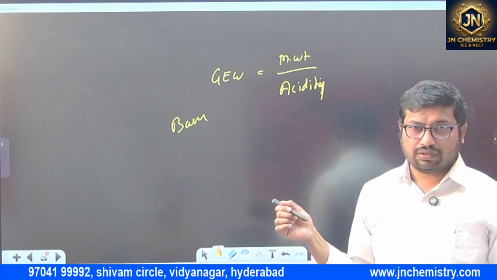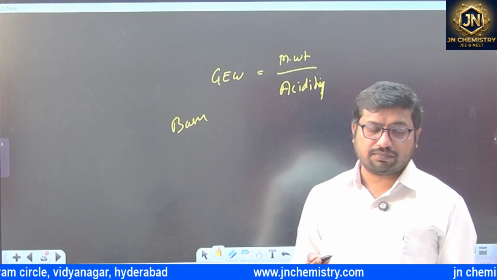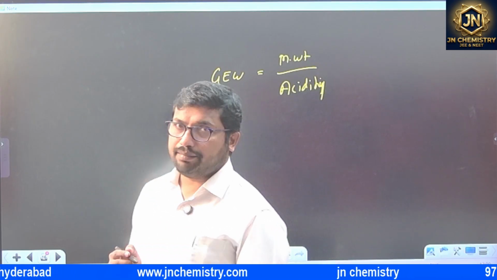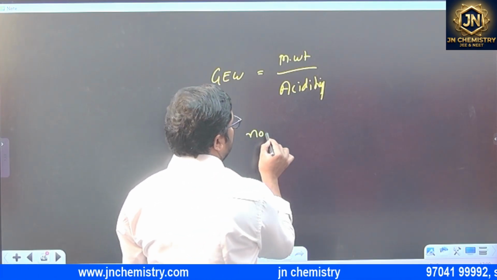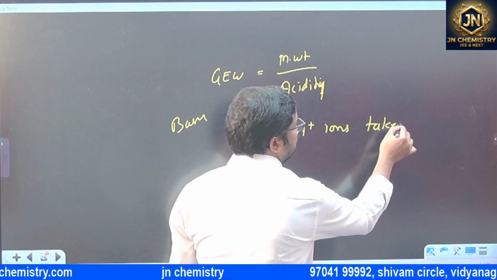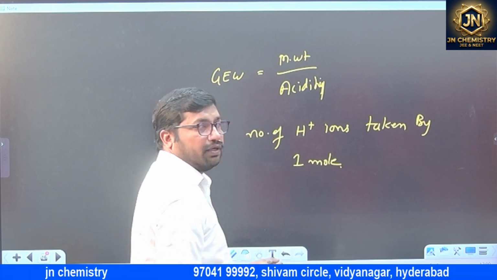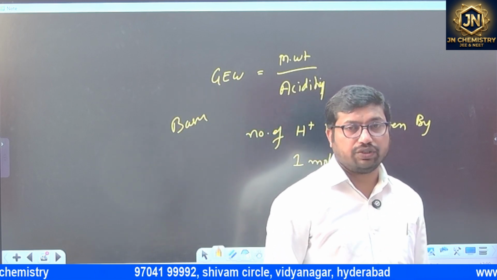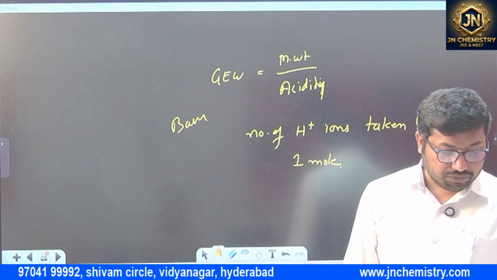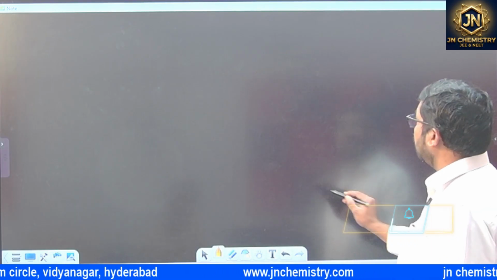Acidity is equal to the number of replaceable OH minus ions, or the number of H plus ions taken by 1 mole. Sometimes there is no OH, like NaOH, KOH those are fine. But Na2O, for example, MgO.